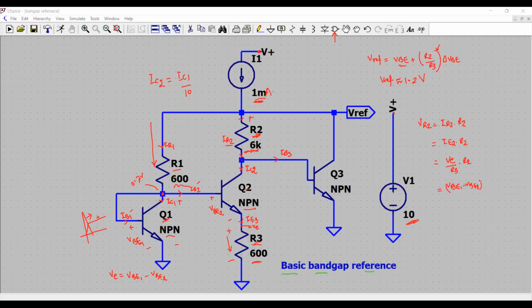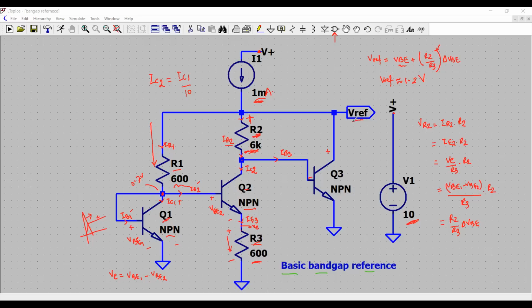Remember, VE is the difference between these, and this is R3, and this is R2. So I would say my voltage across the resistor R2 would be R2 over R3 times delta VBE. So that's the voltage I'm producing here, okay, which is basically the voltage right here.